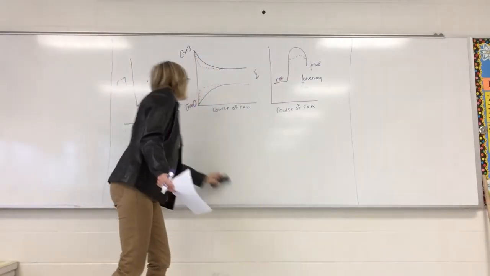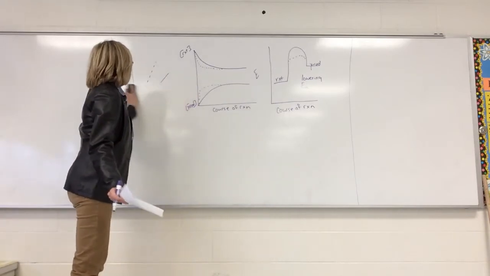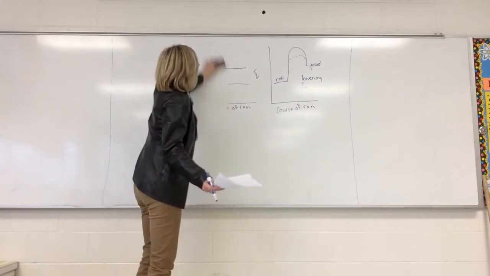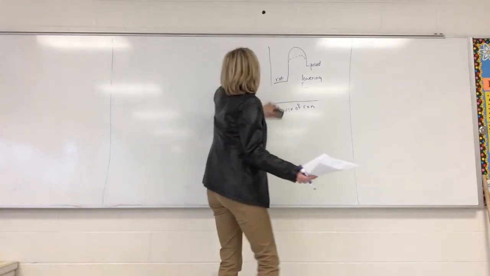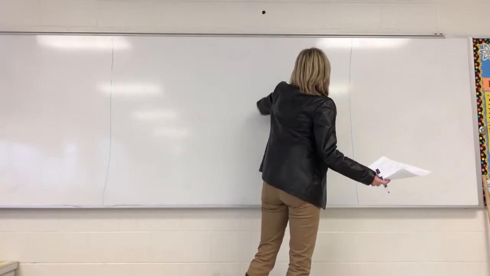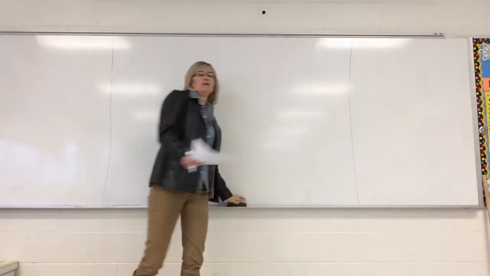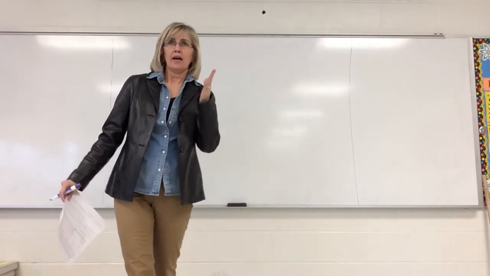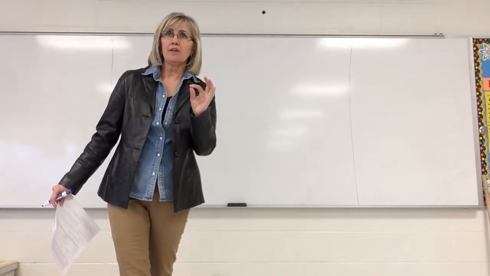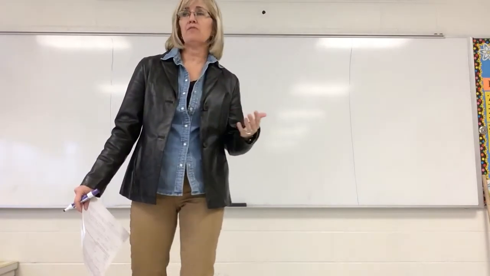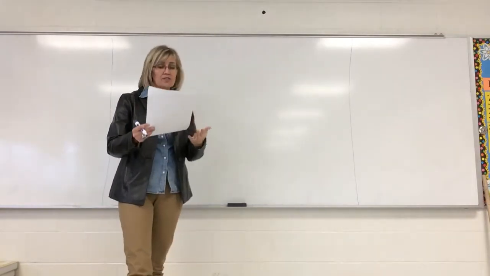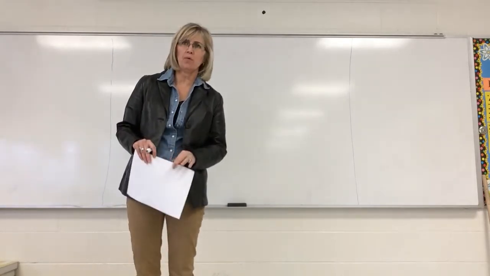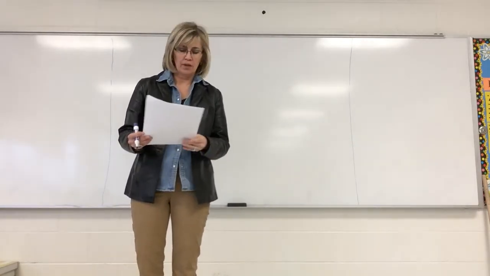Okay. Now, they also want you to be able to identify a catalyst and an intermediate species given a mechanism. All right, so there's this mechanism, and they'll say, okay, which of the following, and it might be more than one. Right?